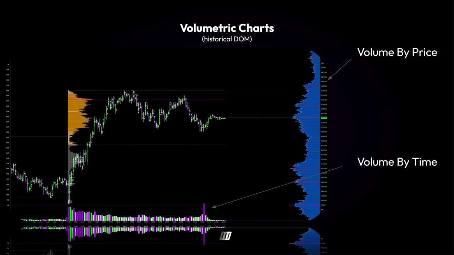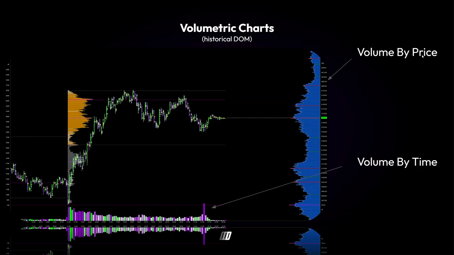Another tool is the wide range of volumetric charts. You get the volume profile, or volume by price, which basically tells you how much volume was traded at every single level of price, either of this session with the session volume profile, or cumulatively in all of the charts that you see, which is the cumulative volume profile.